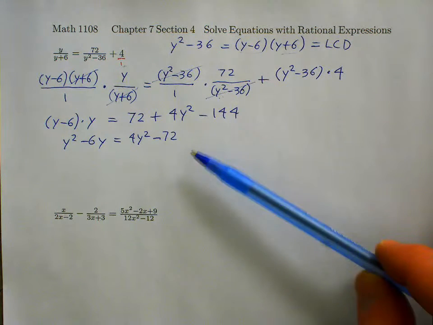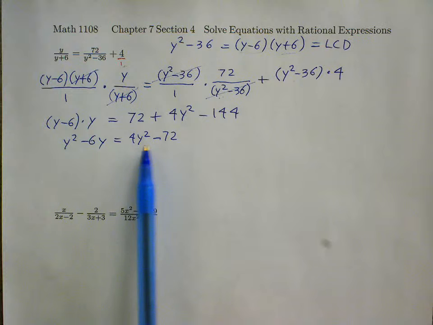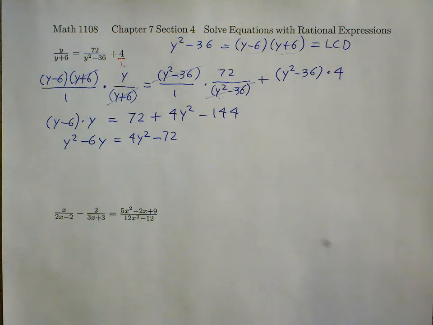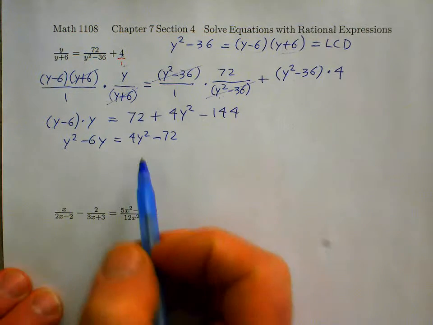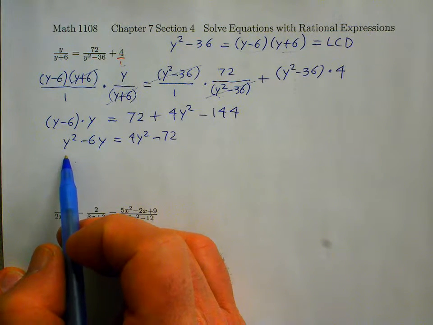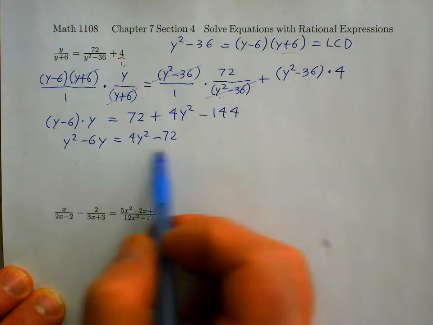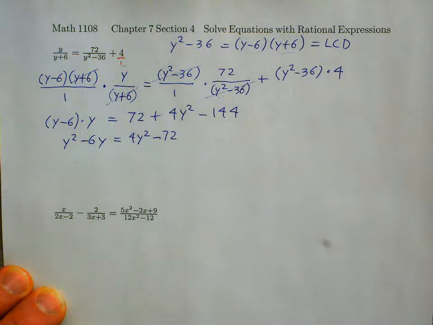Okay, well now what? Now we have a quadratic equation, a degree 2 polynomial equation. And so far this semester, the only method that we've discussed for solving equations like this is to solve it by factoring. So we're going to set one side equal to 0 and then try to factor the other side.